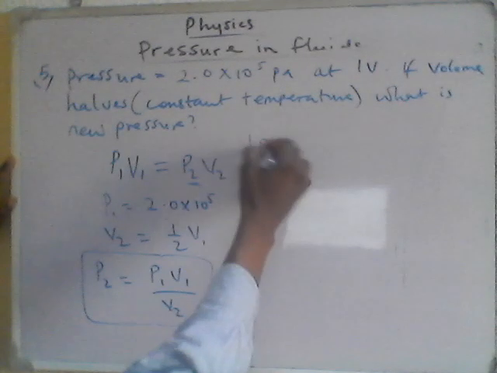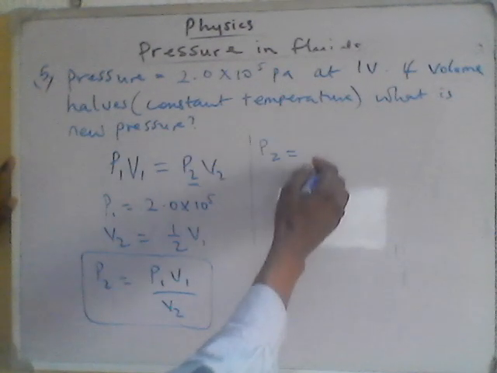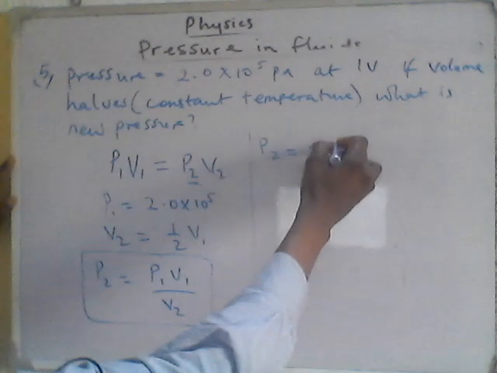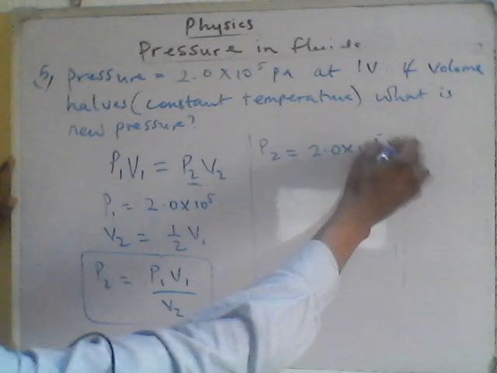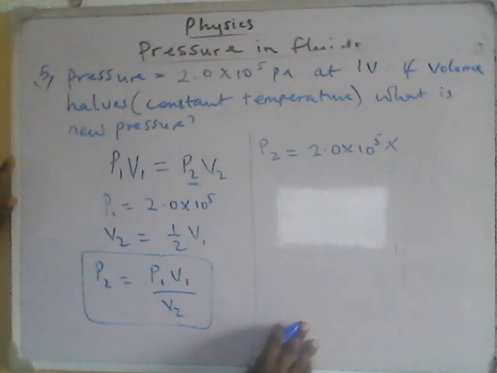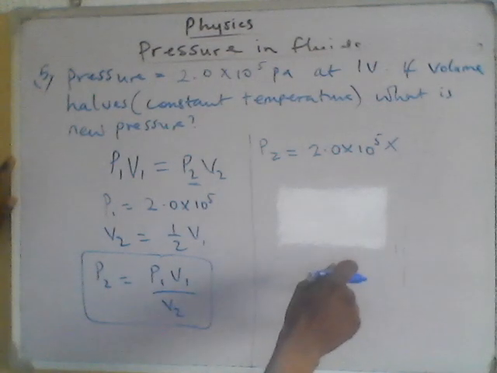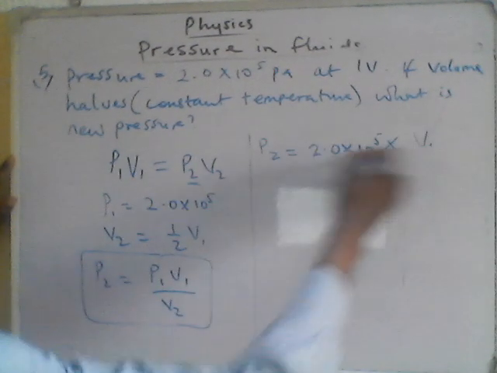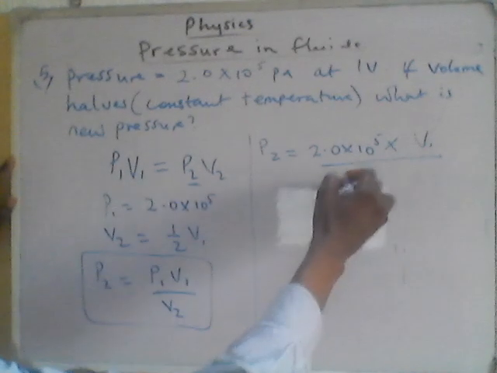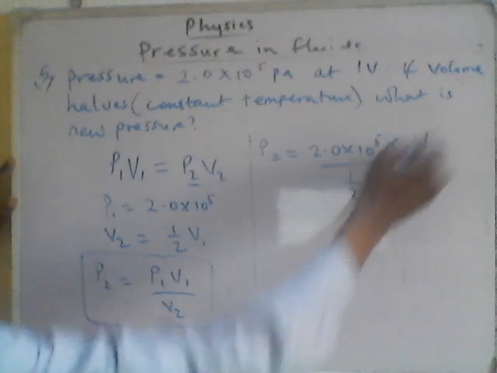P2 is equal to P1, which is 2.0 times 10 to the power 5, times V1, and V2 is expressed over V1 as half V1. So this can cancel this.